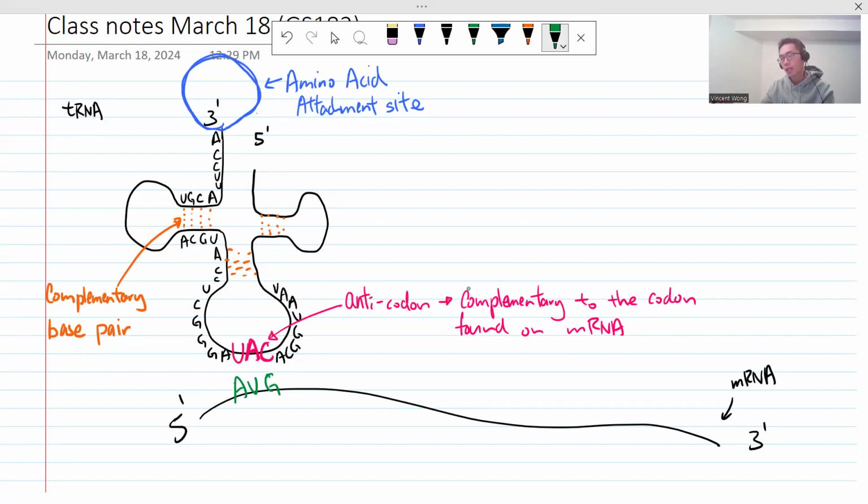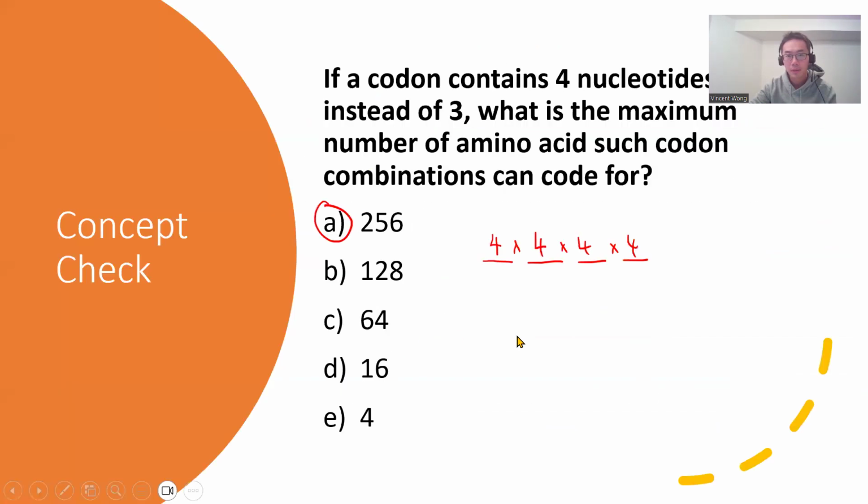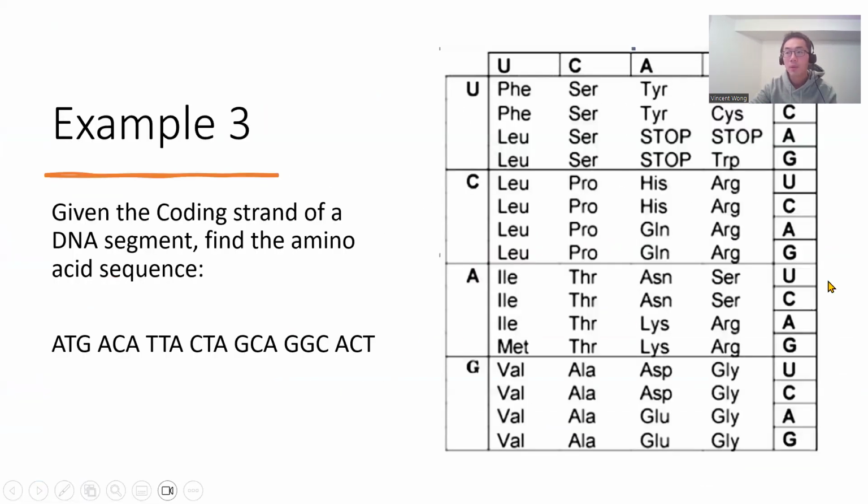And AUG, if you look it up in the codon chart, please look it up if you have the codon chart. What does AUG code for? Can anybody tell me what AUG codes for?